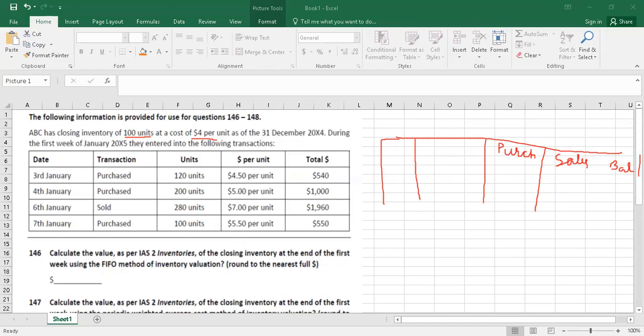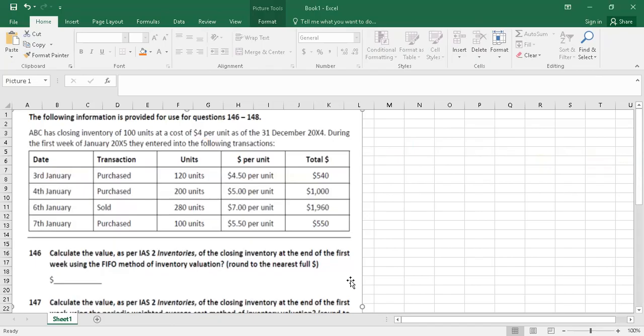So date column, the details column, that is particulars. Then we have 3 columns for purchases, 3 columns for sales, 3 columns for balance. So 9, 10, 11. So you should have 11 columns in your notebook. I'll reduce the size of this image so that we can accommodate so many columns here.